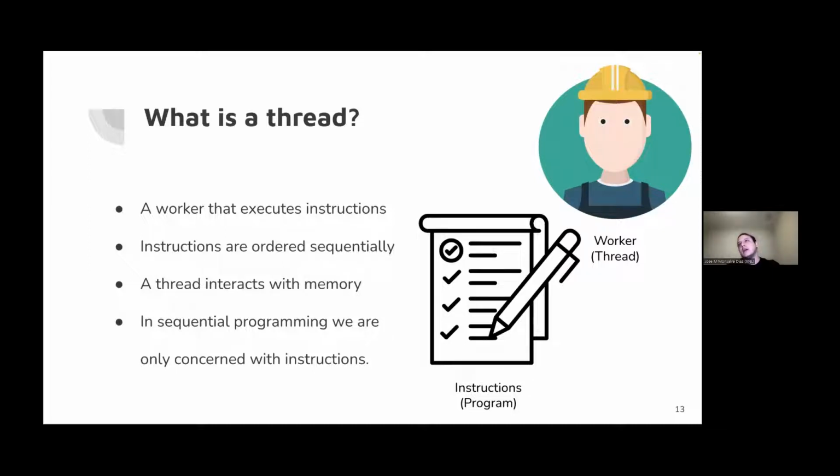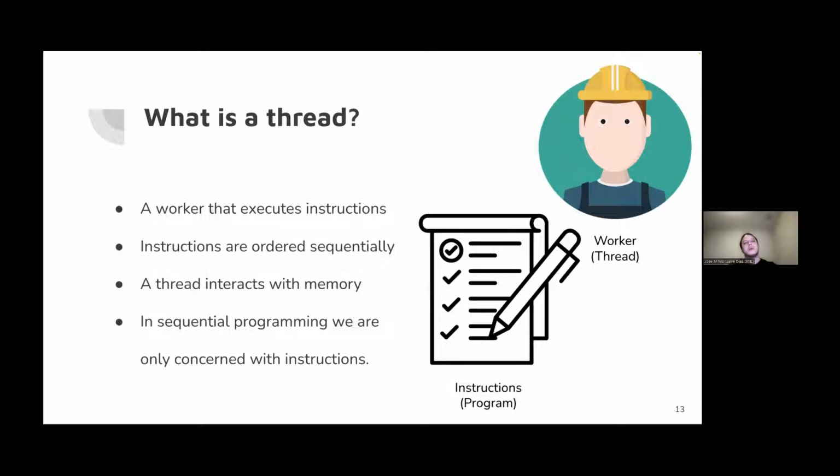A thread is a particular piece of hardware that is able to execute instructions, and it is somewhat independent when it executes instructions. So you give that worker a set of instructions, which is going to be a program, and that worker is going to be executing those instructions likely one at a time, and is going to be using the instructions to be able to communicate with other workers.